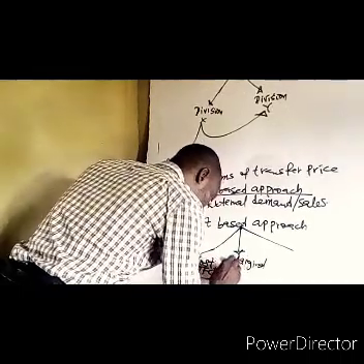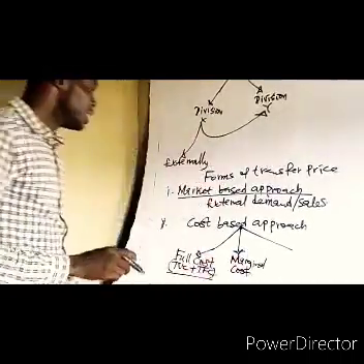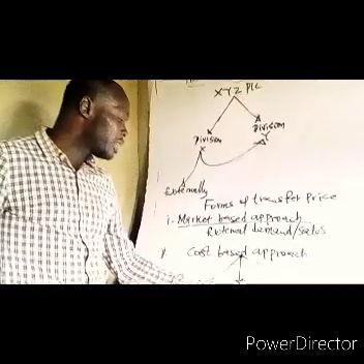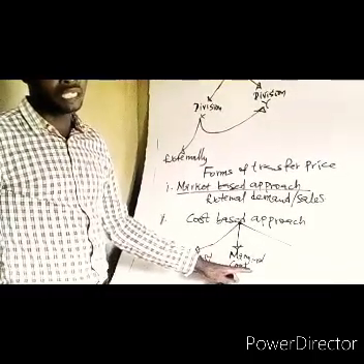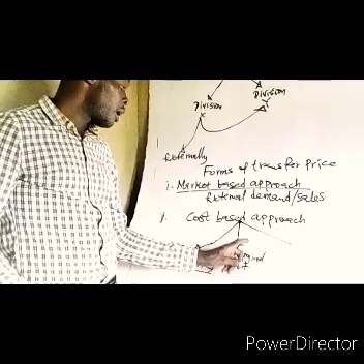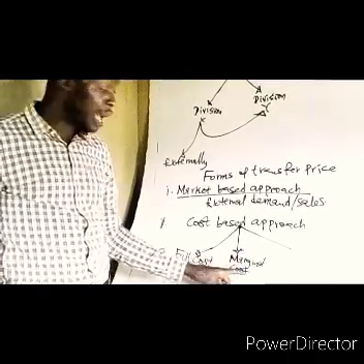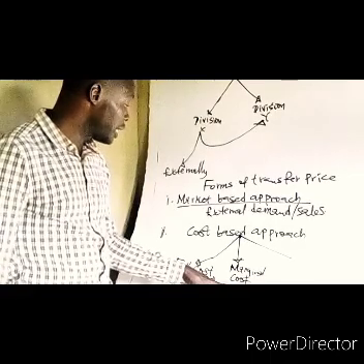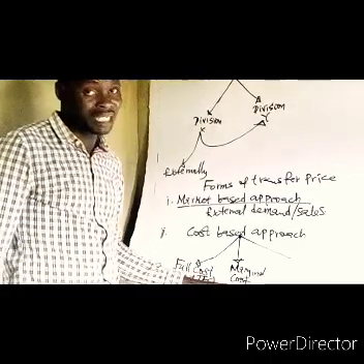Marginal cost approach. In this approach, you only consider the variable cost of production of the selling division. That means the goods will be transferred at the variable cost of production of the selling division.